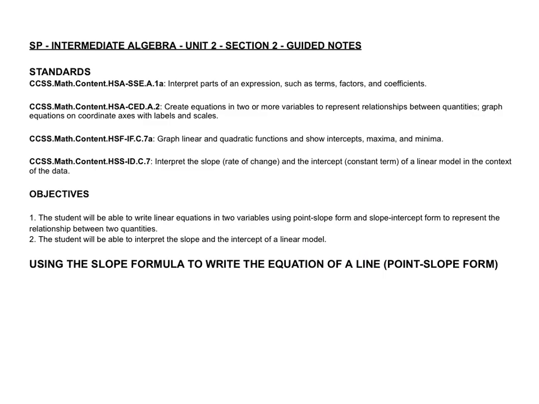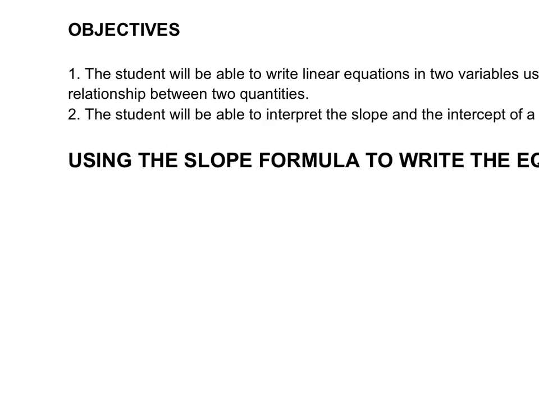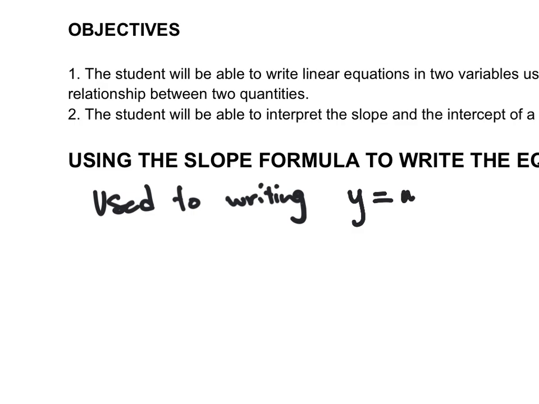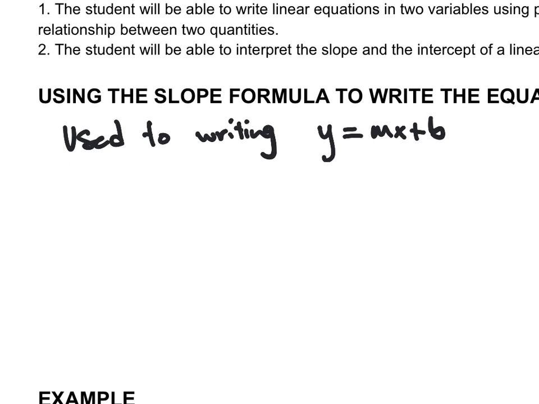Okay, so I'm going to come down here and, typically, you're used to writing equations as y equals mx plus b. And what we're going to do now is look at something a little bit different.